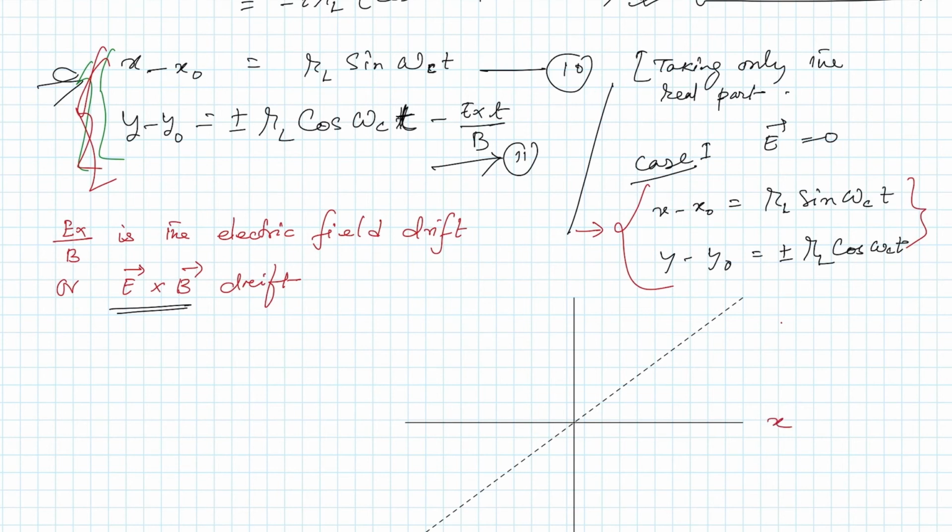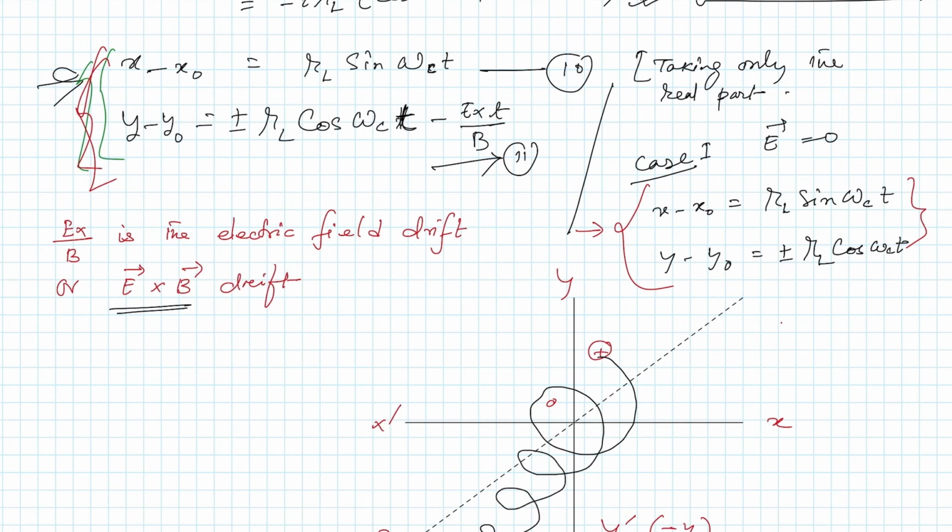Suppose this is the x-axis, this is y, this is y dash, that means the negative y-axis, and this is z, coming out from the screen. So its motion will be in this direction.